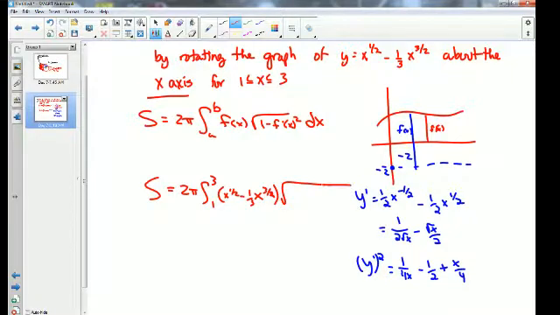The root 1 minus, so when you subtract this whole thing, remember that's going to turn some things negative, so negative 1 over 4x, and then 1 minus negative 1/2 is 3/2, and negative x over 4 dx.